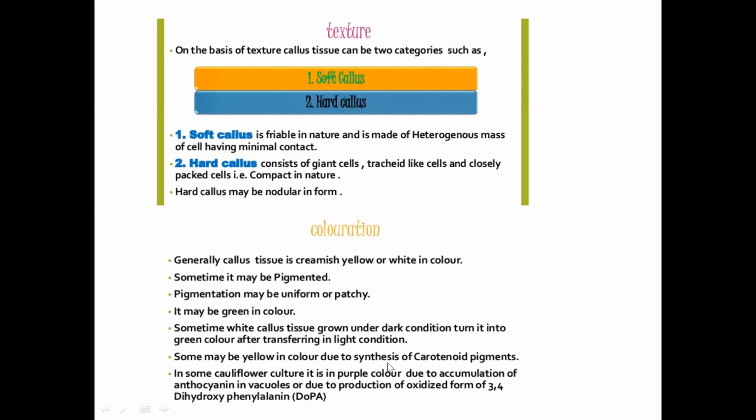If you allow it to be incubated in the lighting condition, you can get some amount of chlorophyll pigmentation. Sometimes it might be yellow due to carotenoid pigments. In cauliflower, they have seen it is purple in color due to anthocyanin. So depending on the explant nature, you can get some amount of coloration in callus.